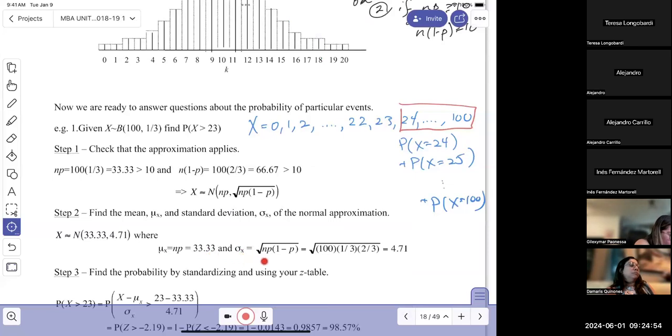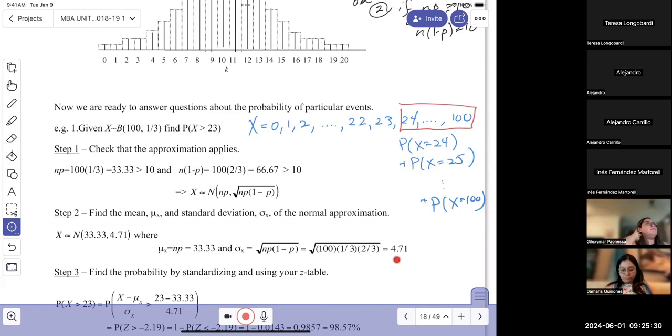And the standard deviation is the square root of np(1 minus p). All right, so it's not exactly n(1 minus p), it's np(1 minus p). And that's the variance, and you have to take the square root of that. So make sure you can make this calculation, okay? Confirm you can get this number. It's a little bit tricky, especially with the fractions. And you need to keep the fractions there because you might lose decimal places. Remember, I asked you to be careful with the fractions and retain them.